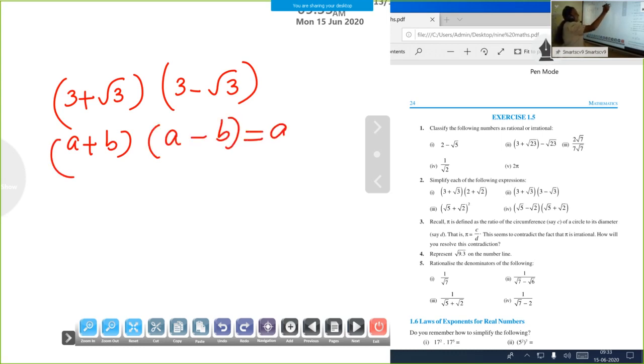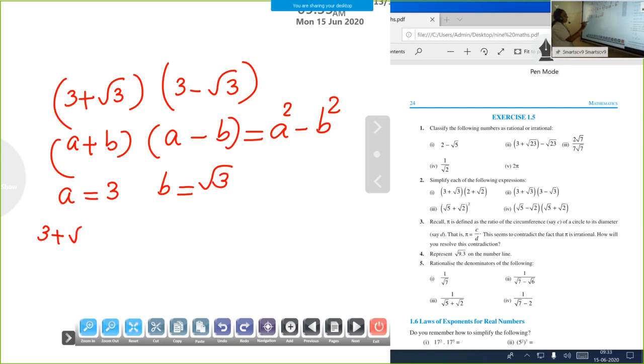Our answer is a square minus b square. In the place of a, the value is 3. And in the place of b, the value is root 3. So 3 plus root 3 into 3 minus root 3 equals a square minus b square.